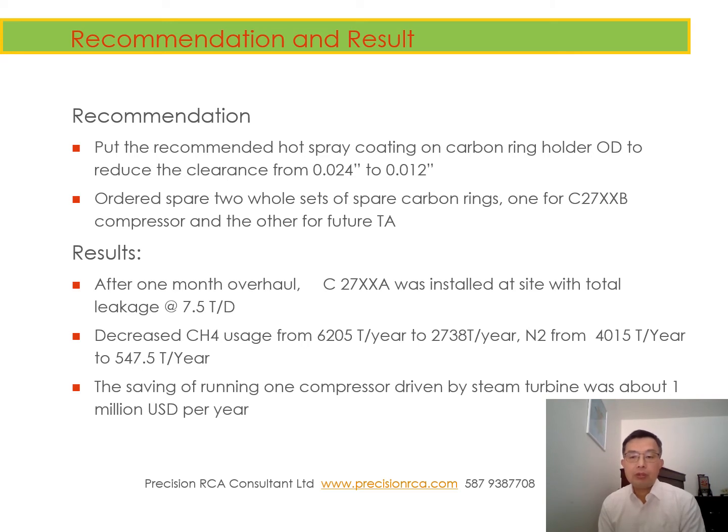So this is saving a lot of money on seal gas. And the saving from running one compressor is about $1 million per year. So it's a very successful RCA. From the RCA until the overhaul end, the total duration was about 3 months.